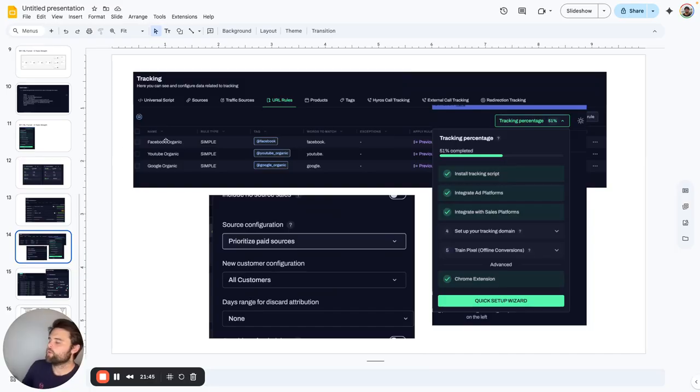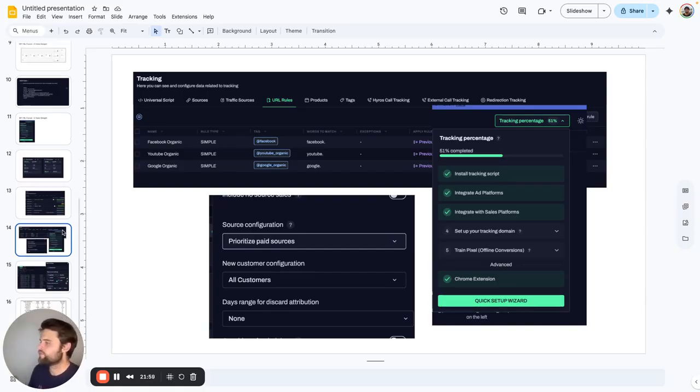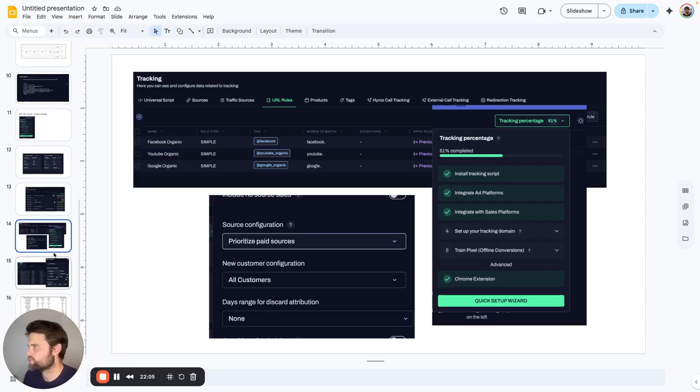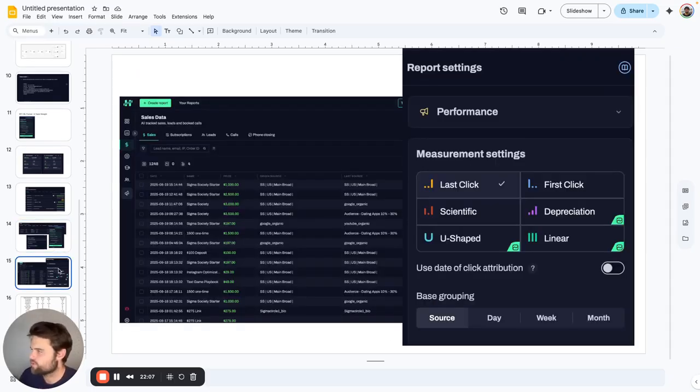So we set up a Facebook organic link, a YouTube organic link, a Google organic link, so that if somebody made a purchase and the last website they came from was one of these sites, it can be attributed there as well. Okay, that's going to be very, very important for you to be identifying patterns. If you have a big influx in organic traffic for 1 month, you don't want to take that as the green light to then start allocating a bunch of spend towards your paid sources. Okay, that's super, super important.